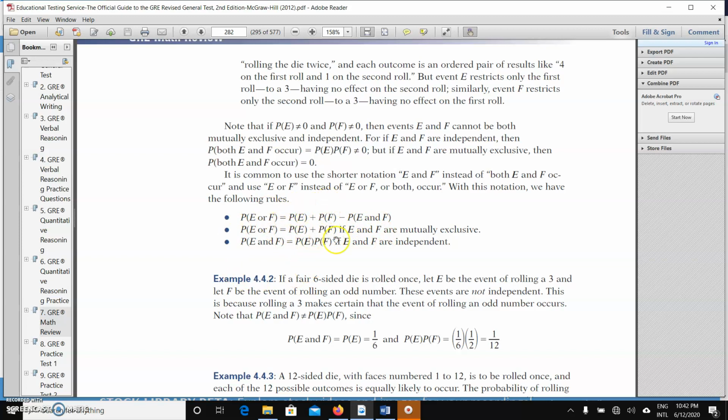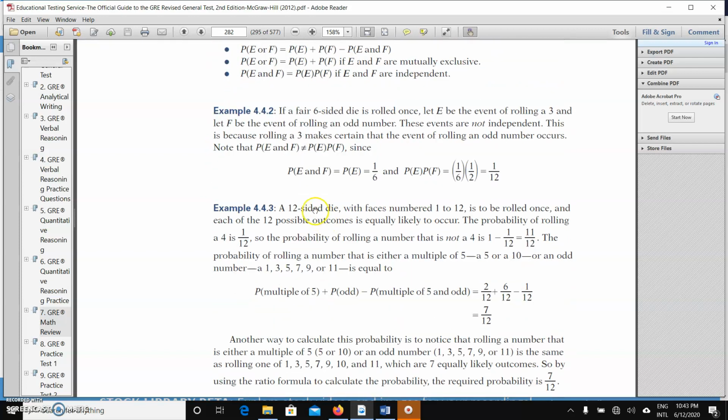Now, let's move on. So this can only happen when there is independence. You understand? For E and F, when they are mutually exclusive, it means this is 0. So you cannot have mutually exclusive and independent at the same time. And let's continue with our example.